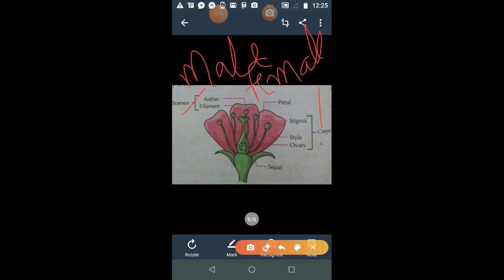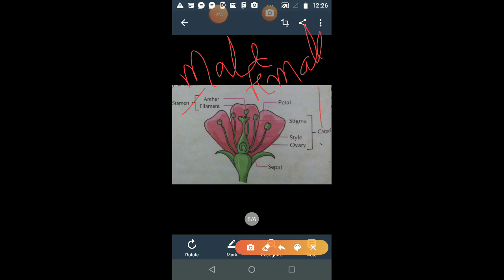Male reproductive part is known as stamen. It has two parts, filament and anther. Filament is a thread-like structure which supports the anther, and anthers are on the top of the filament. Inside the anther are pollen grains, the male reproductive part. Is it clear?